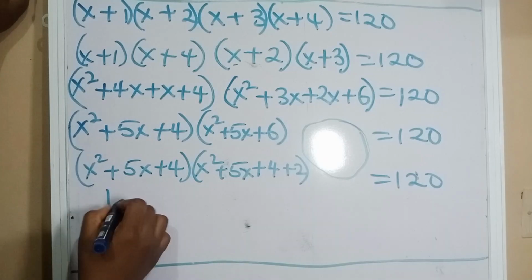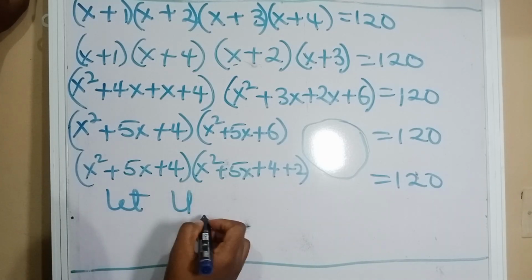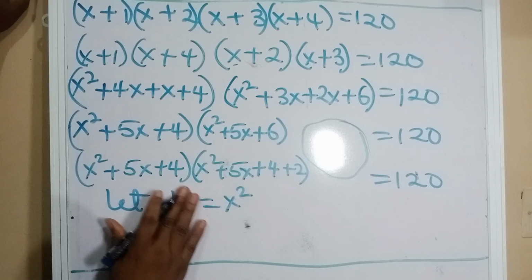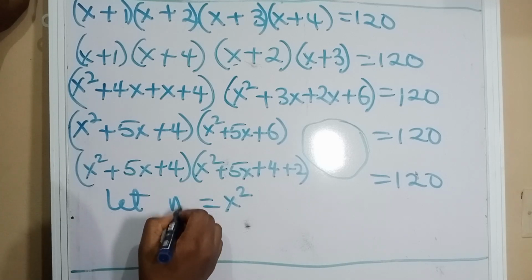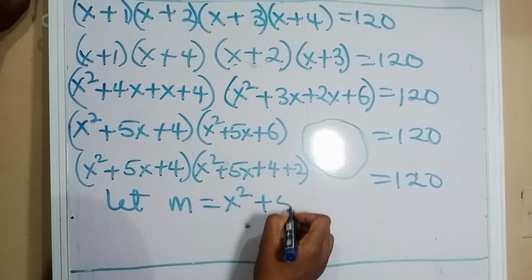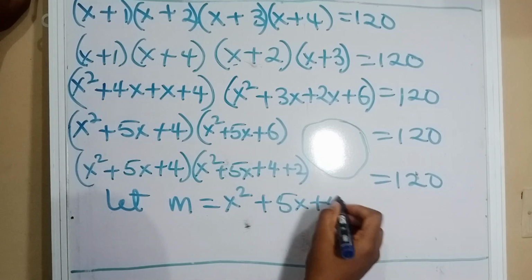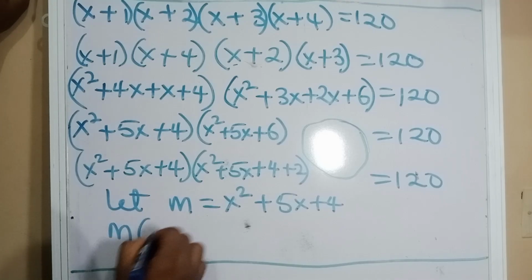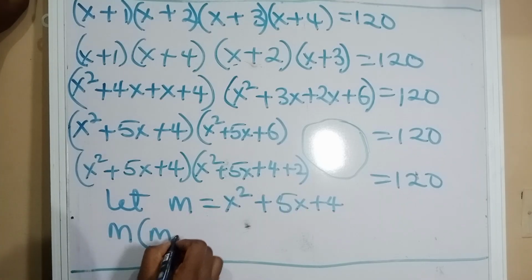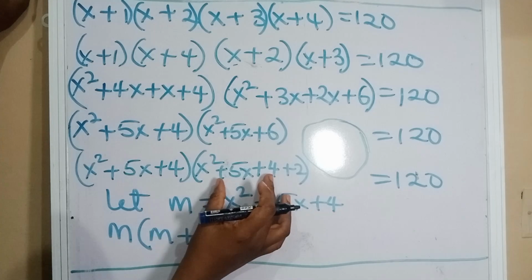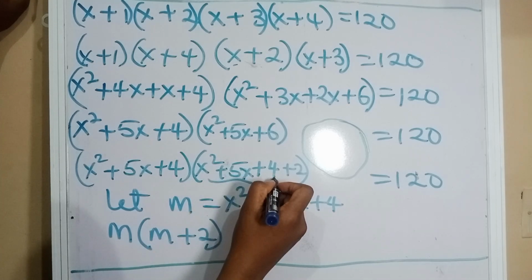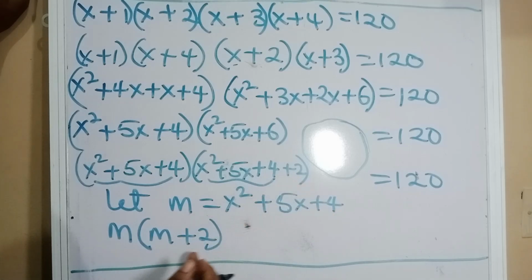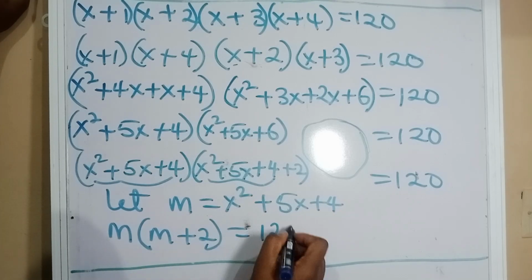So we can say let u be equal to x squared, or let me use the letter m, plus 5x plus 4. Okay, so we have m into the bracket of m plus 2. Do you get it? This is the value for m. This is the value for m. m times m plus 2 equal to 120.